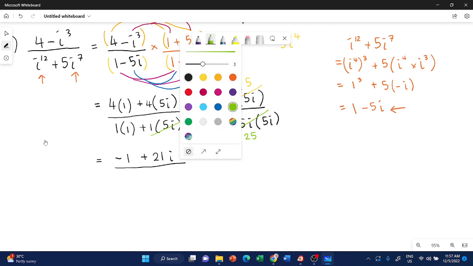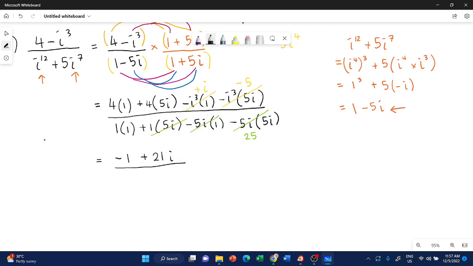So we have 1 plus 25, it is 26. So we can simplify, then separate: negative 1 over 26 plus 21i over 26.